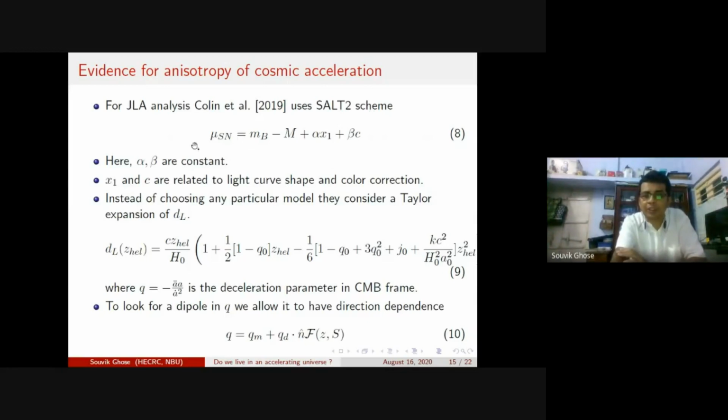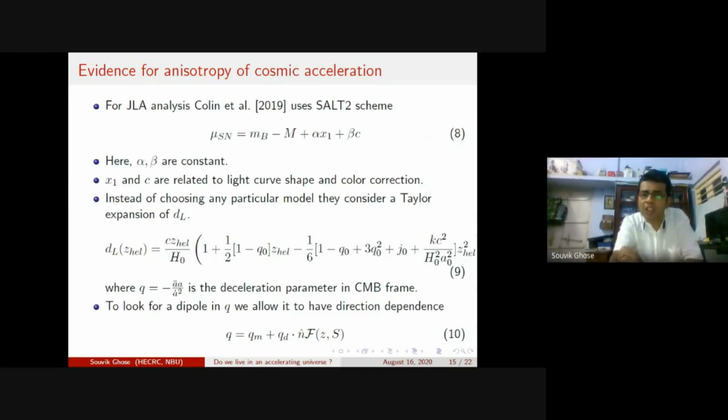This is the parameterization they use. Here, alpha and beta are constants, and x1 and c are related to light curve shape and color correction. They are not considered from the standard formula 5 log, etc., from where the model hypothesis sort of creeps in. So they try to use a model independent parameterization of the distance modulus.